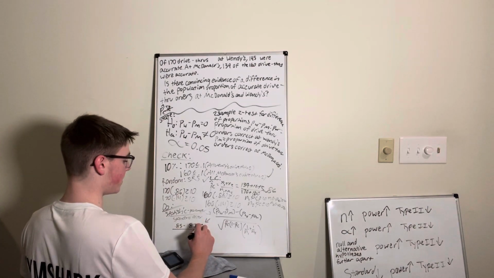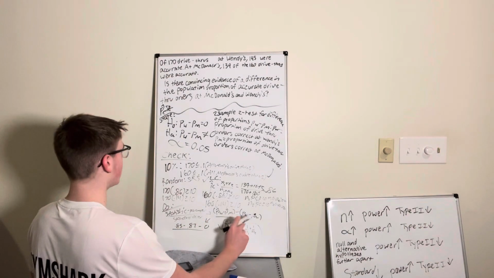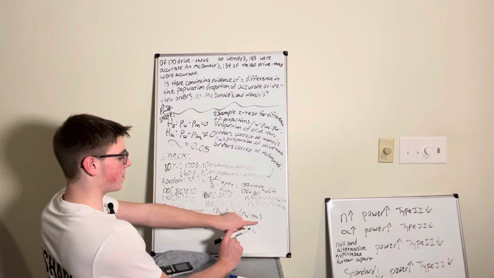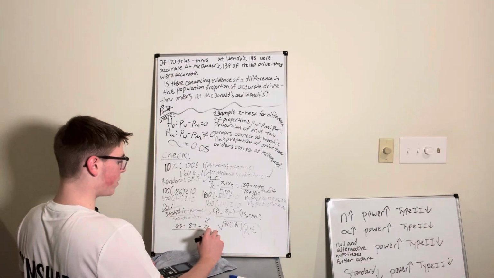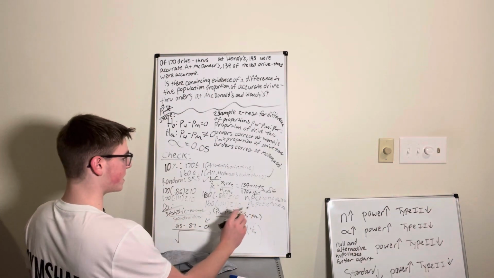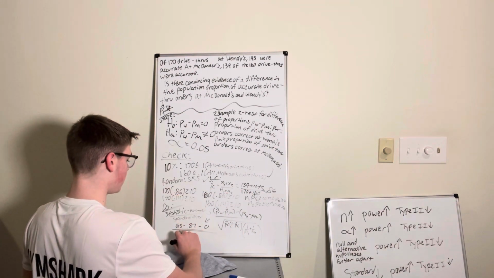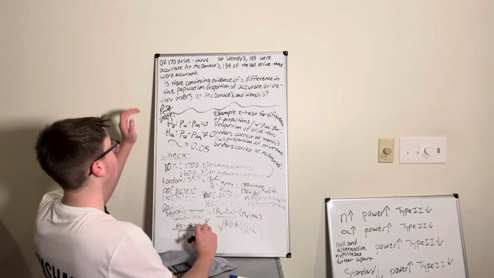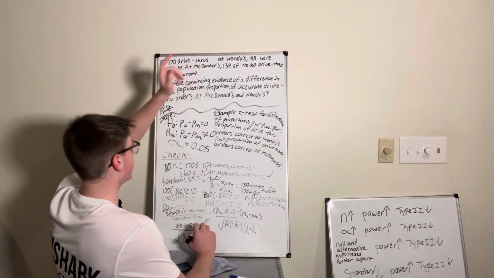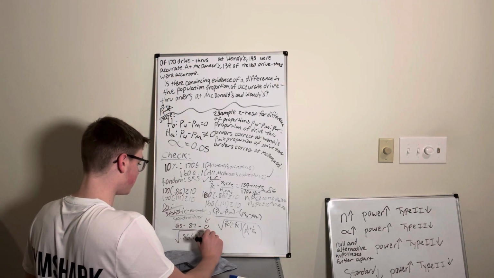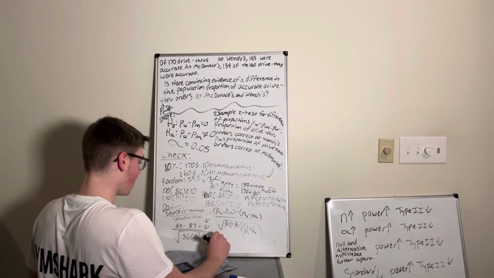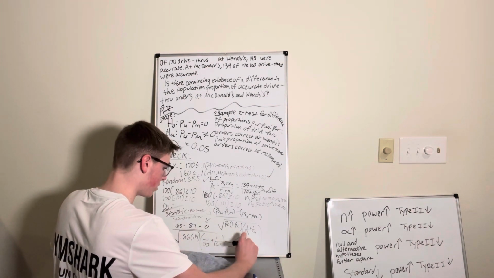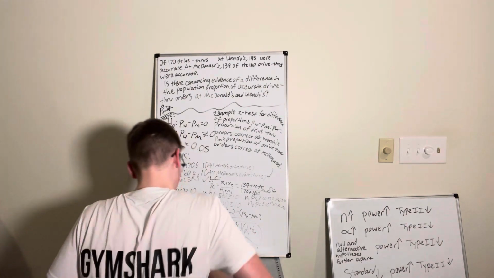Then this would be minus 0, because this is H0, which is PW minus PM equals 0, over the root of p hat C, which is 0.86, times 0.14, times 1 over N1. Our N's are 170 and 160, so 1 over 170 plus 1 over 160. And again, I ain't doing all this work, so I'm going to show you the calculator shortcut.